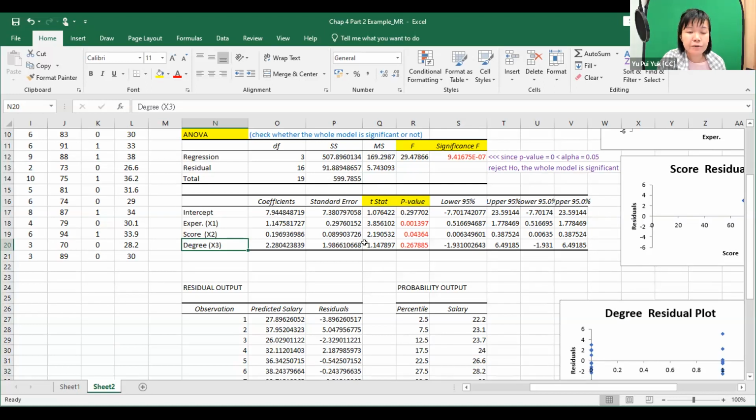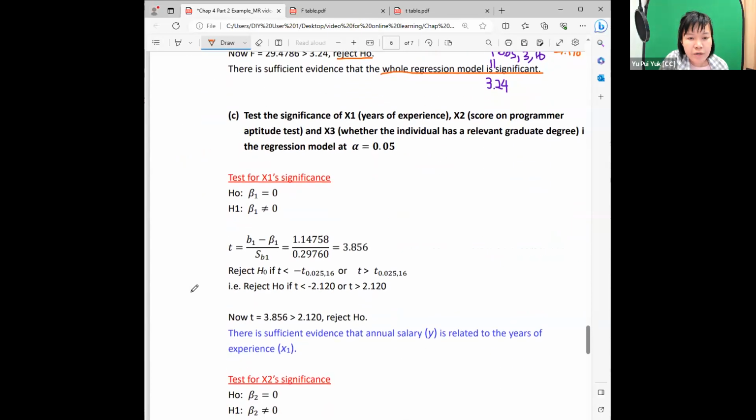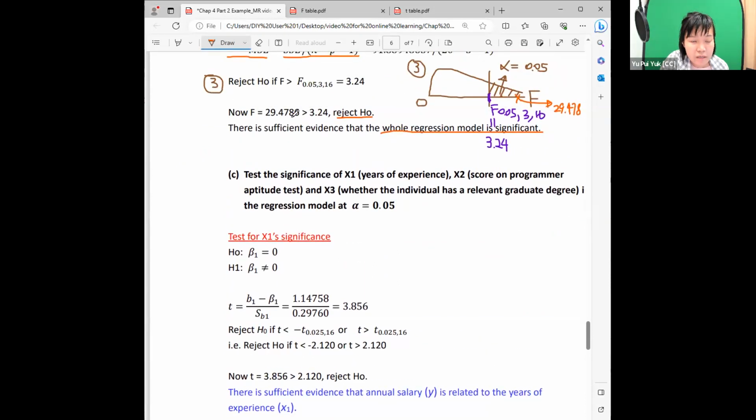Okay, so just quickly go through the Word file. I already showed you the hand calculations in the Word file. So let's go back to the Word file. Okay, wait a minute. Let's look at the questions.